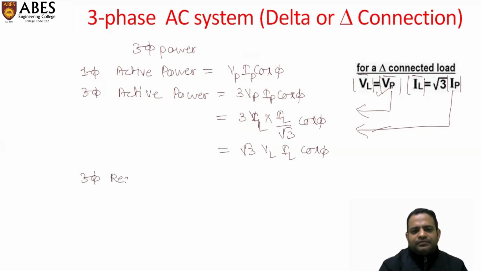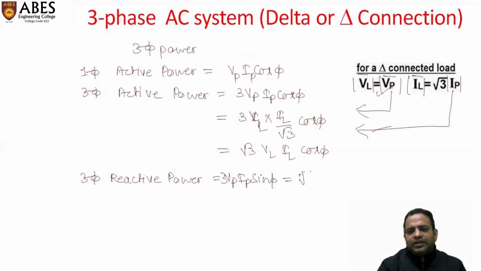And similarly, three-phase reactive power is thrice of Vp Ip sin phi, or root 3 times VL IL sin phi.